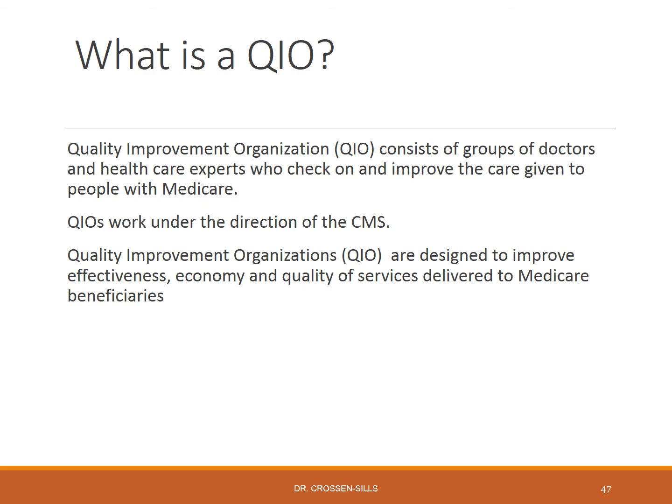I'm just going to very briefly go over the last few slides because I know this has been quite lengthy, but I really do believe that quality is the most important aspect of what we do. There are also out there for hospitals, nursing homes, home health agencies, and hospices what are called quality improvement organizations.